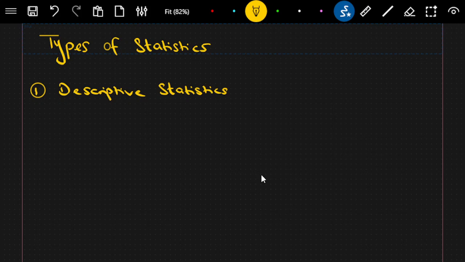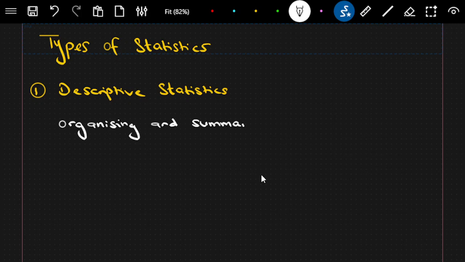So, in fact, descriptive statistics consists of organizing and summarizing data. Okay, it's mainly about organizing and summarizing data.